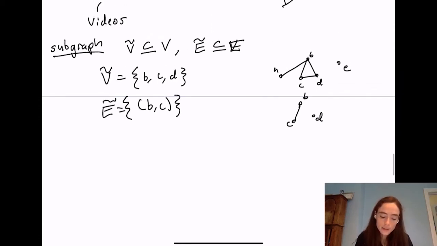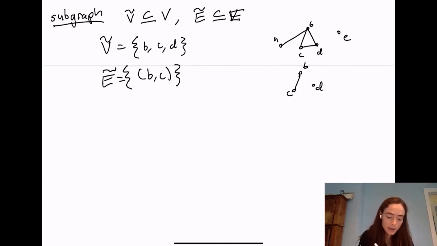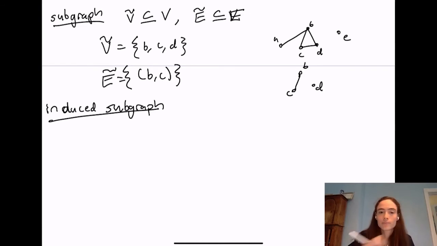And similarly, a related concept is an induced subgraph. An induced subgraph is like a subgraph, except you only need to specify the subset of vertices, and then the set of edges for the induced subgraph is just all edges from the original graph that involve those vertices.